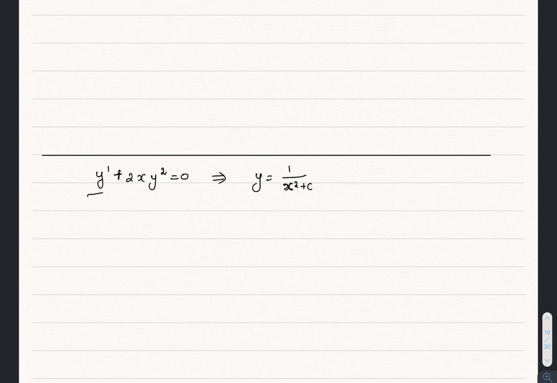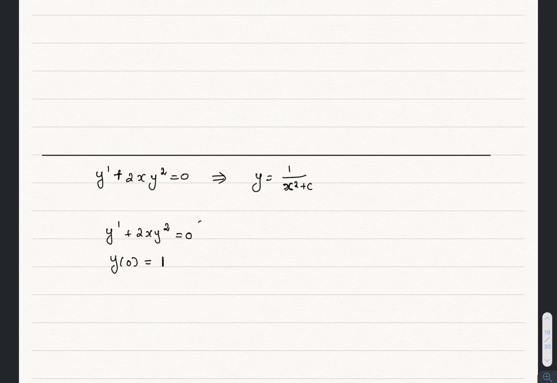Now I want you to figure out the solution to this initial value problem, which is y prime plus 2xy squared equal to 0. Then I'm going to give you an initial condition: y of 0 is equal to 1.